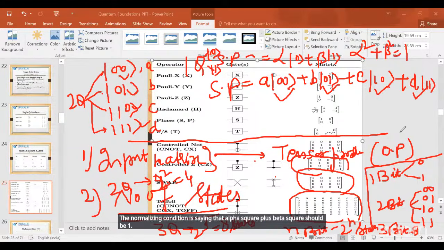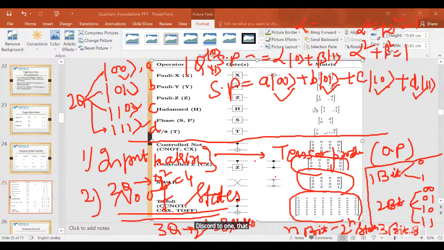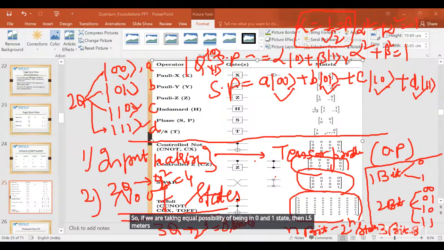Following this condition, alpha and beta are the same, so alpha squared plus alpha squared equals 1, that is alpha equals 1 by root 2, equal to beta. So with equal possibility of being in the 0 and 1 state, alpha and beta come out to be 1 by root 2.